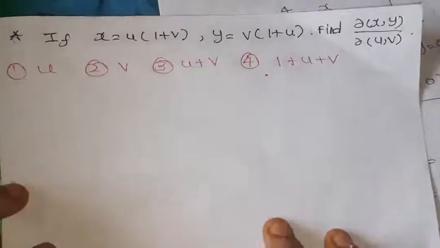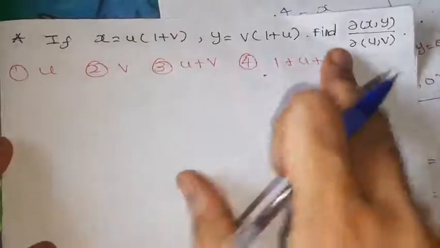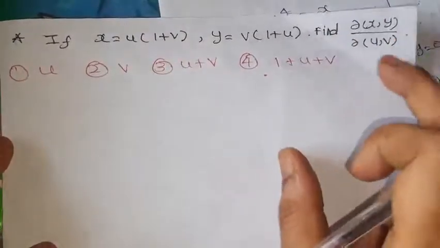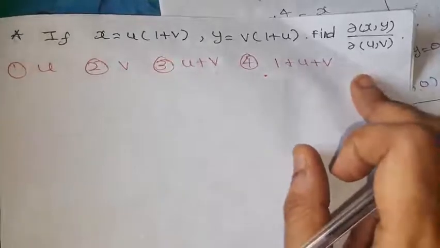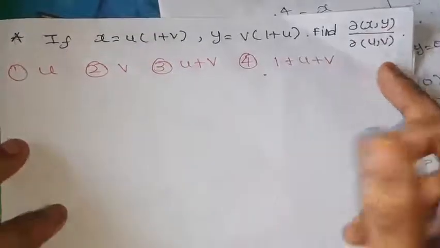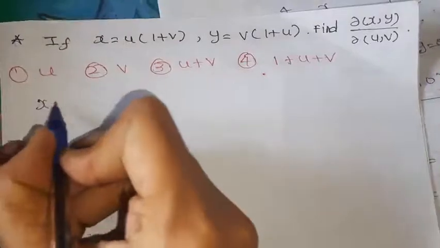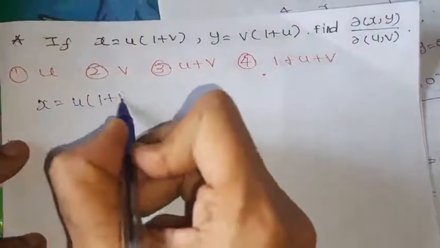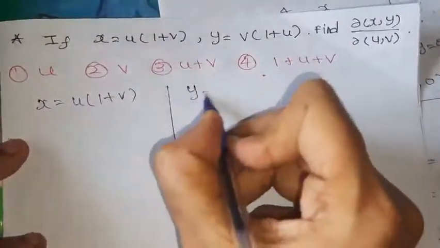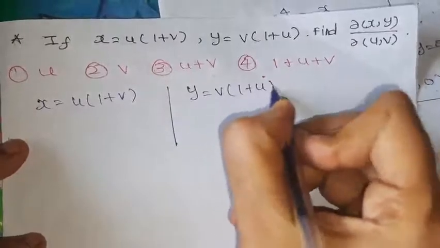We'll move on to the next problem. x value given, y value given, we need to find ∂(x,y)/∂(u,v). So this is dependent on u and v. x equals u into 1 plus v. What is y? y equals v into 1 plus u.